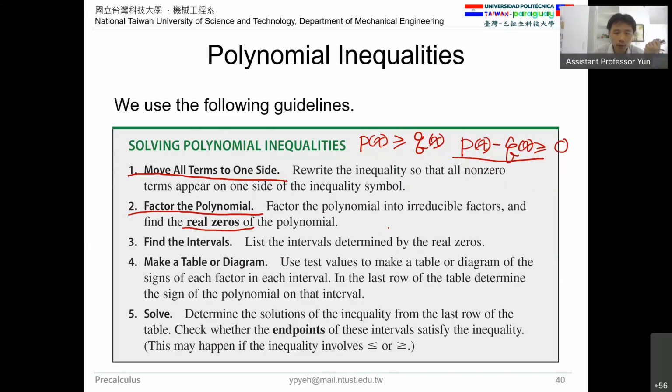Then we factor these polynomial functions and find the real zeros of the polynomial function. Since we find the zeros, we then find the intervals, which could be 4 intervals or 5 intervals, depending on how many zeros you find in that polynomial function.